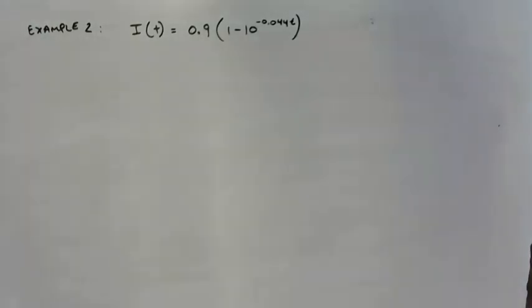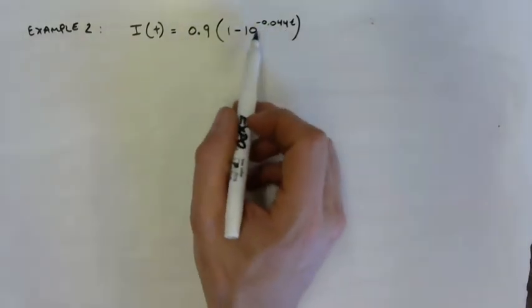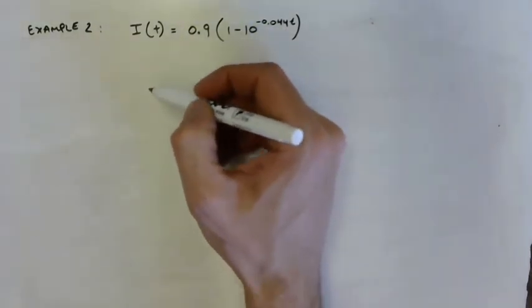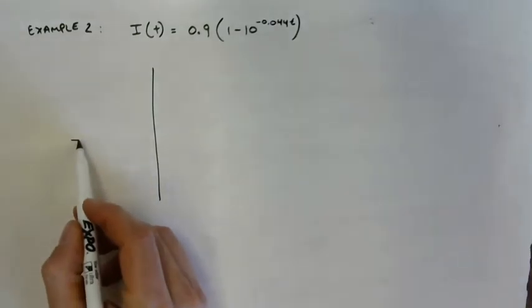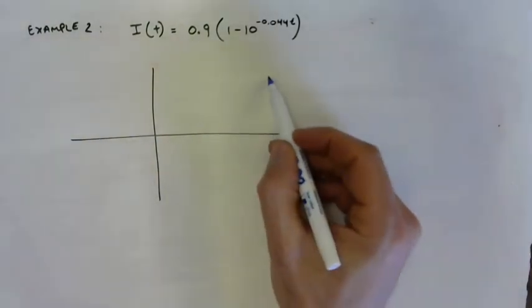We need to graph the function using graphing technology, then determine the appropriate domain for the function, and what is the current after 2 seconds, what is the current after 5 seconds. So we're not going to graph it. It is an exponential function, but with all of this stuff happening to it, it ends up looking like this.